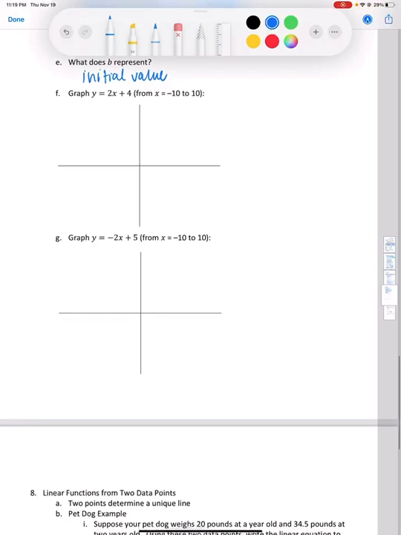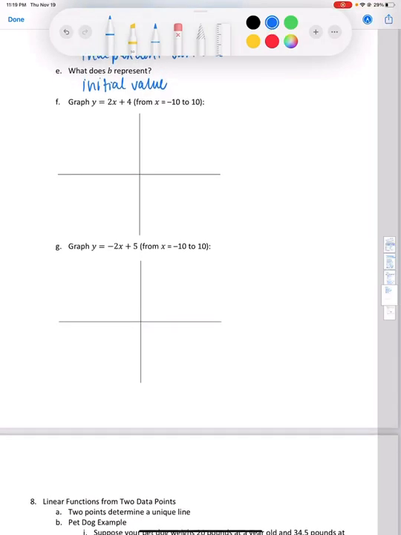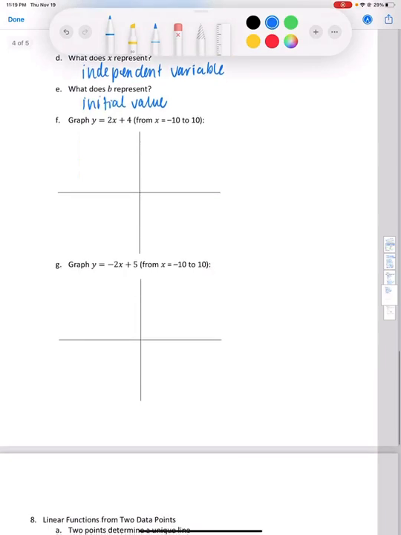All right, so let's take a look at these graphs here. This is the traditional graphing that we will do. We want to graph y equals 2x plus 4 from negative 10 to 10. There's negative 10 there, 10 there. So on the homework, just go ahead and graph a couple of points and then 3 points so that you can make sure that the first two are good.